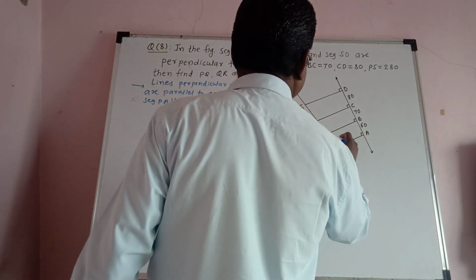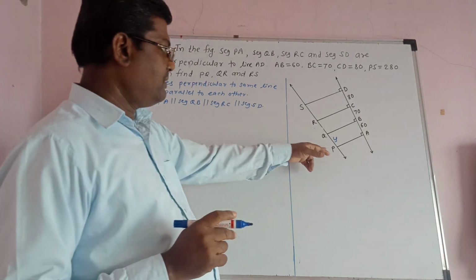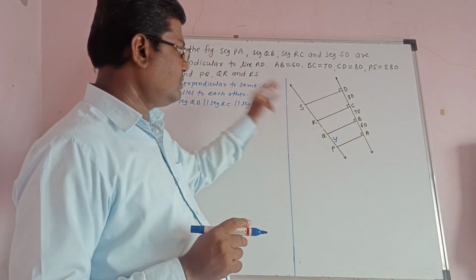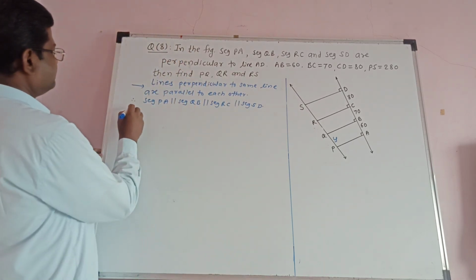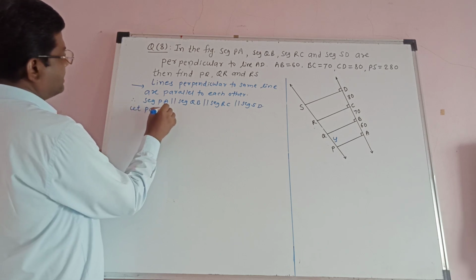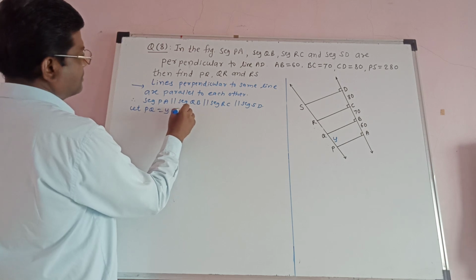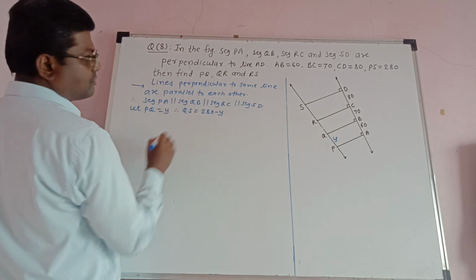Now let PQ be equal to y, and PS is given as 280. Therefore QS is equal to 280 minus y. Let PQ be equal to y. Therefore QS is equal to 280 minus y.